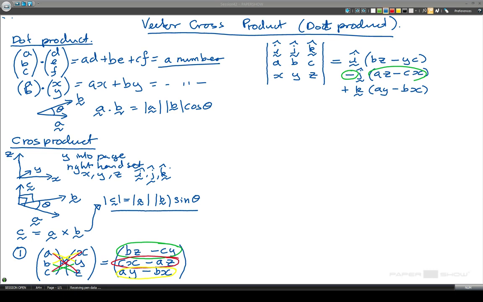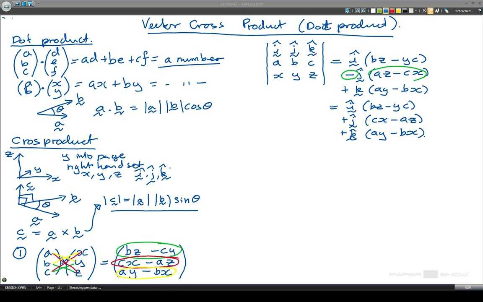So what we can say is that is equal to i hat of bz minus yc, plus j hat of cx minus az, plus k hat of ay minus bx.